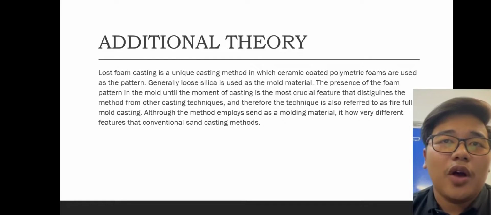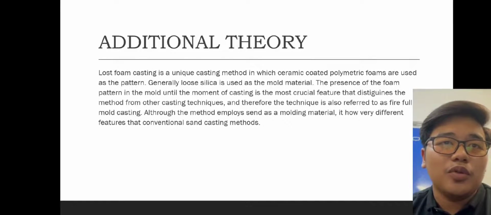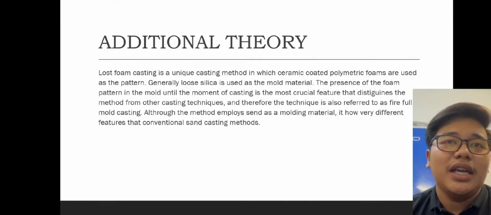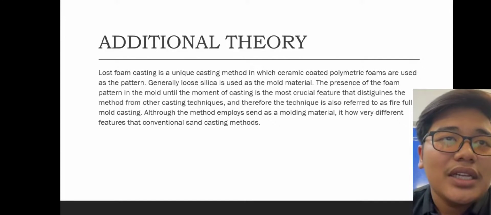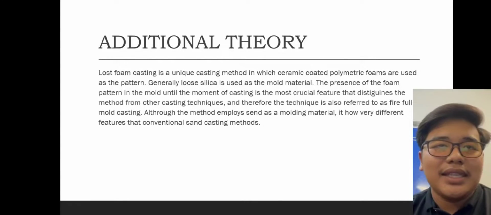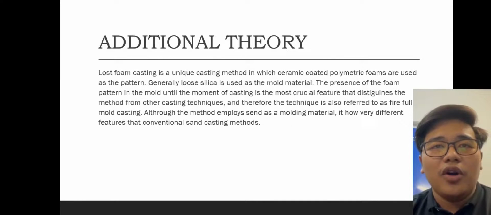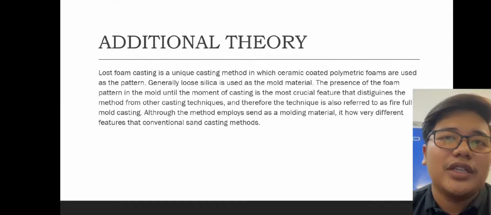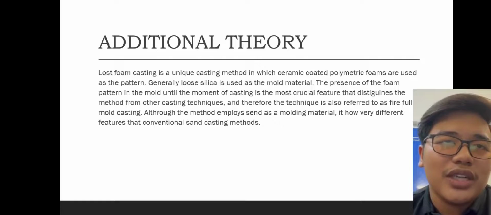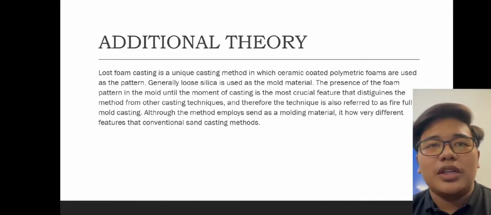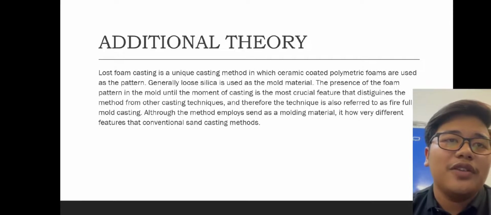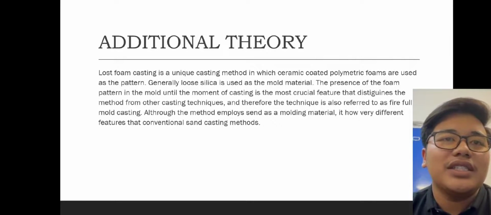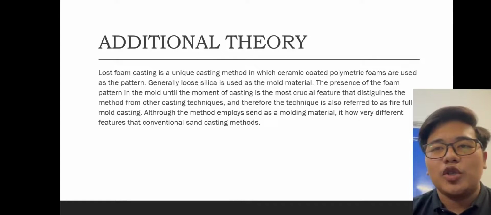The presence of the foam pattern in the mold until the moment of casting is the most crucial feature that distinguishes the method from other casting techniques, and therefore the technique is also referred to as full mold casting. Although the method employs sand as a molding material, it has very different features than the conventional sand casting method.